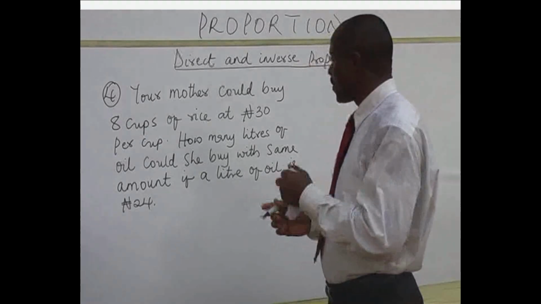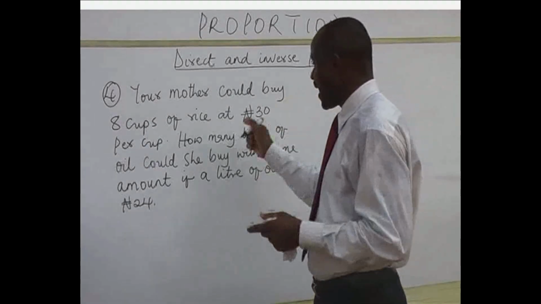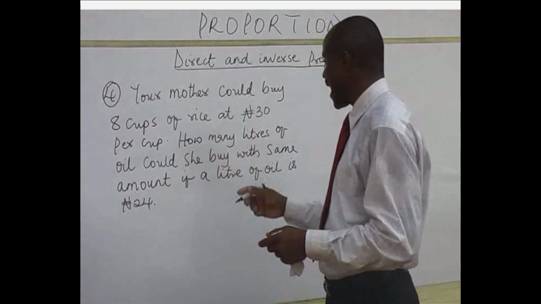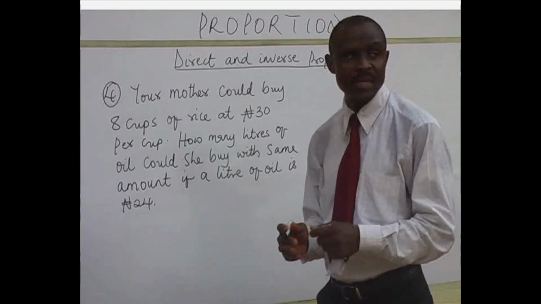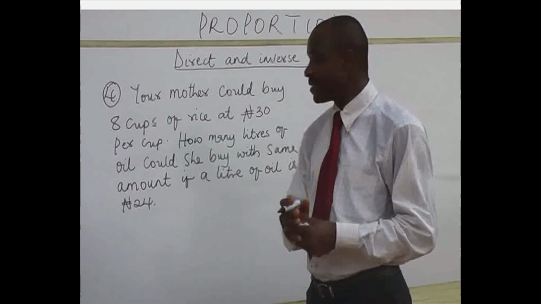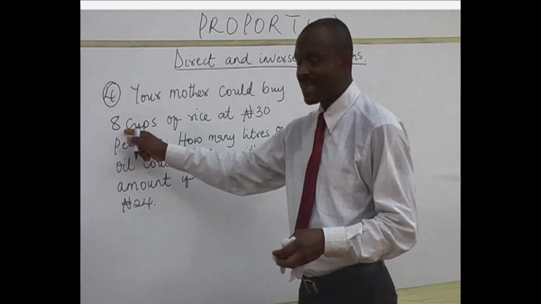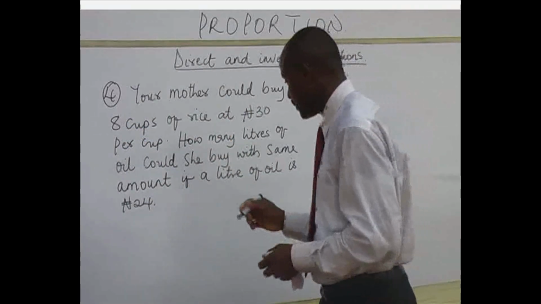Okay? If she could buy 8 cups of rice at 30 naira per cup, that means the amount of money she has is 8 times 30 naira.